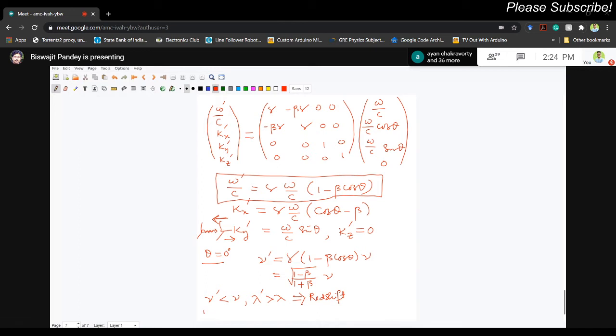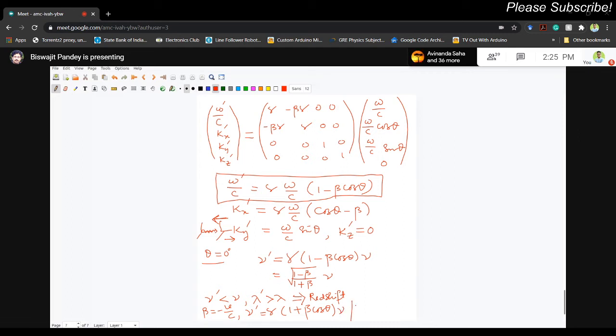When beta equals minus v by c, nu prime will be gamma times 1 plus beta cos theta times nu. So there is not much difference in the formula apart from this plus or minus sign, but of course the physical frequency and wavelength will change in the opposite direction.